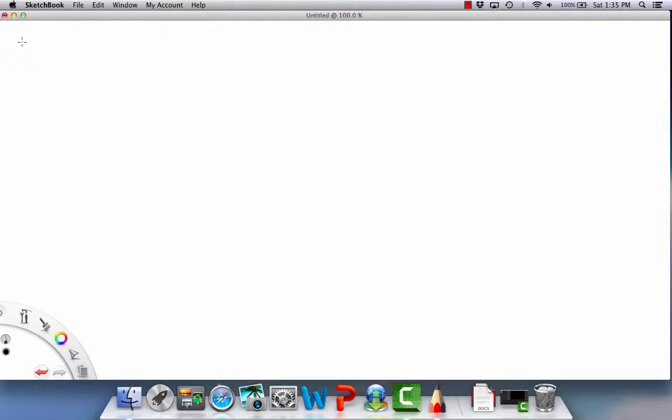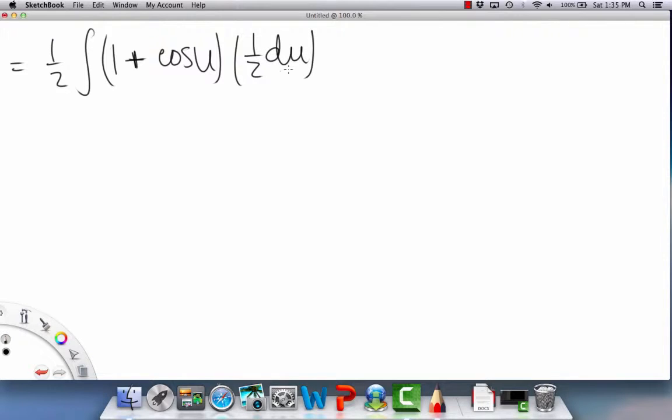So if u is 2x and du is 2 dx, then we can replace that with 1/2 of 1 plus cosine u, right? And then the dx actually turns into a 1/2 du. That's what dx is.